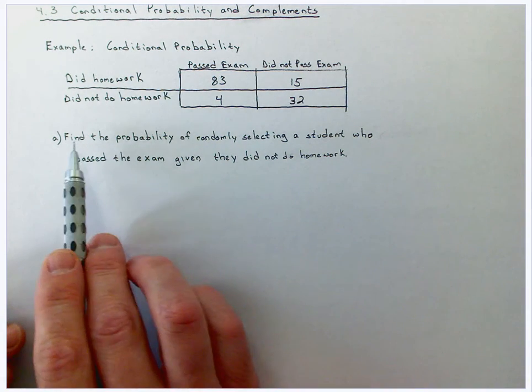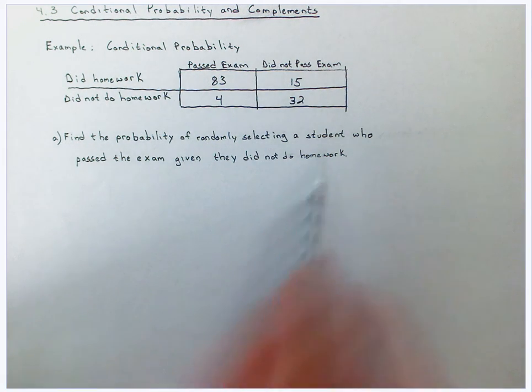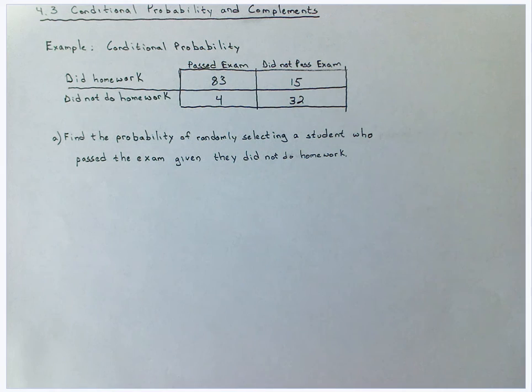So what's asked is find the probability of randomly selecting a student who passed the exam given they did not study. So pass the exam given that they did not study. So this is actually quite easy in how you approach working these problems, in that you're simply going to identify the keywords in your statement.